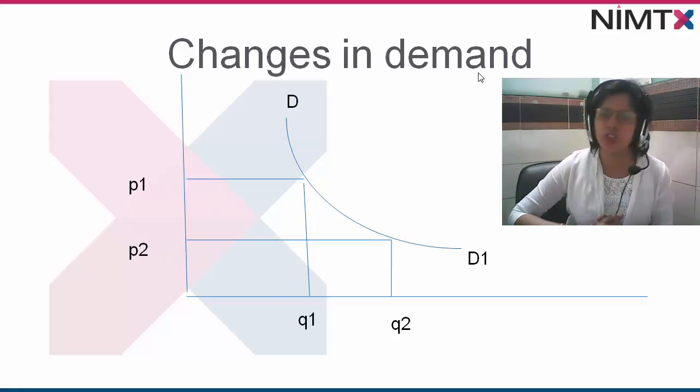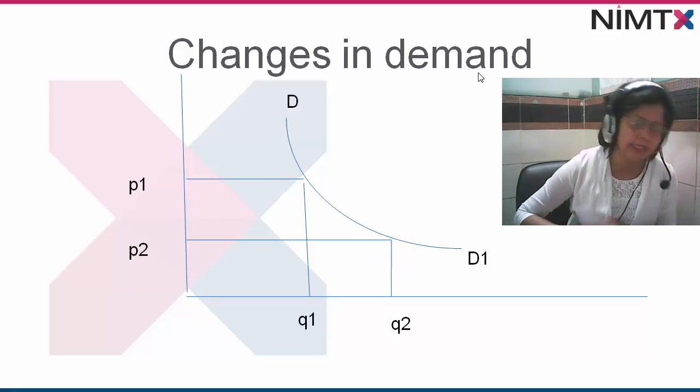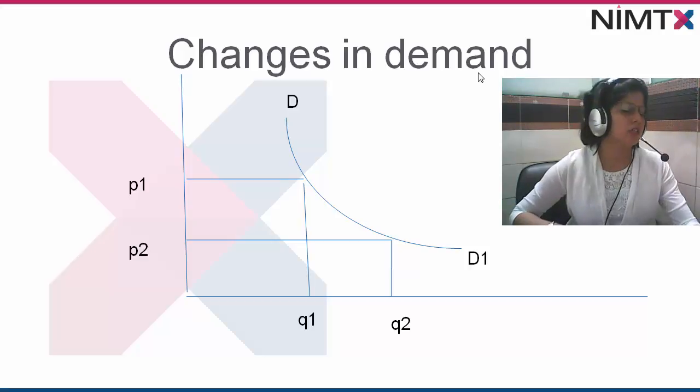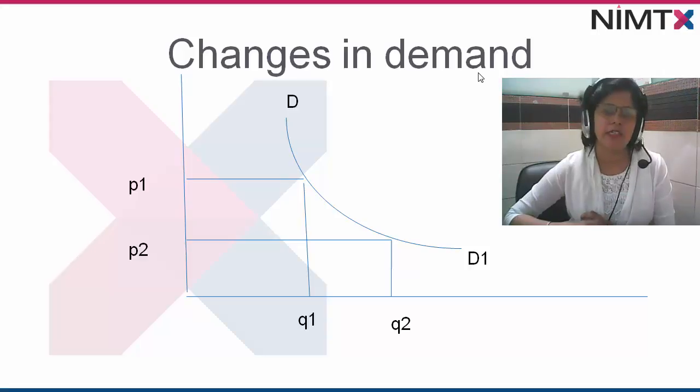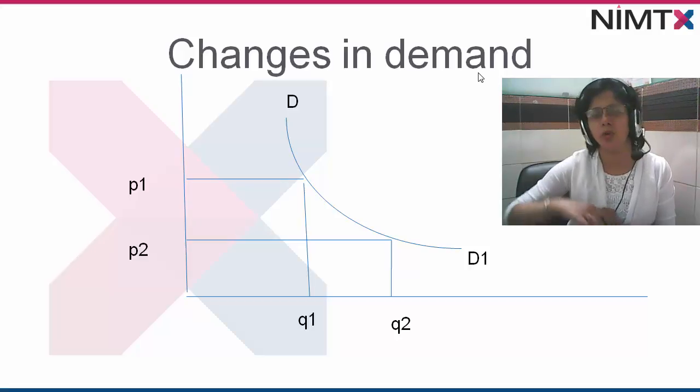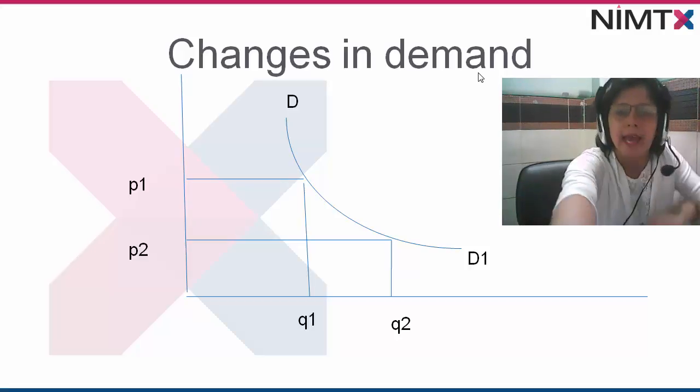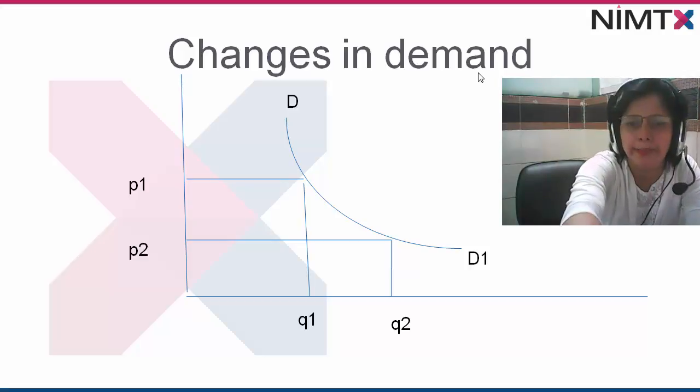Now we have two graphs: first is change in demand, and the next one is shift in demand curve. First of all, we are discussing the change in demand. In our first curve, the demand curve slopes down to the right, going from D2 to D1. Why?